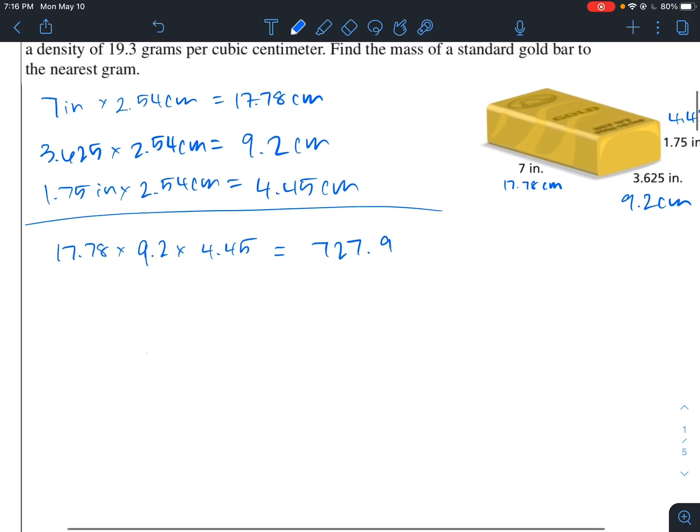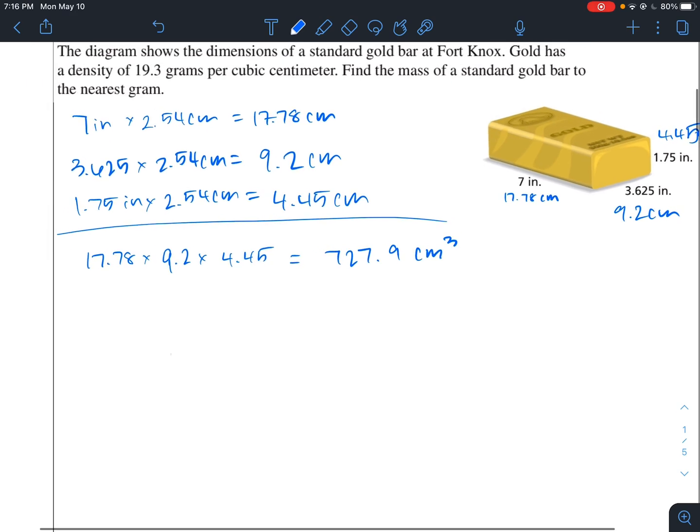That's centimeters cubed. That is the volume of our gold bar.